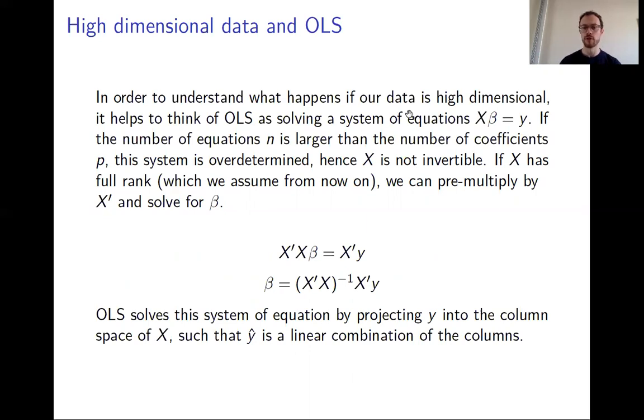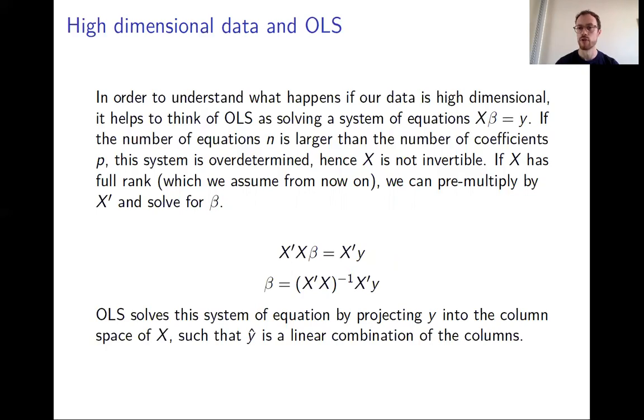Solving OLS is very similar. It's essentially also X times beta equals y, which is a system of linear equations. Usually, however, the number of equations n is much larger than the number of coefficients, which we call p. So the system is overdetermined. We have more equations than we have unknowns.